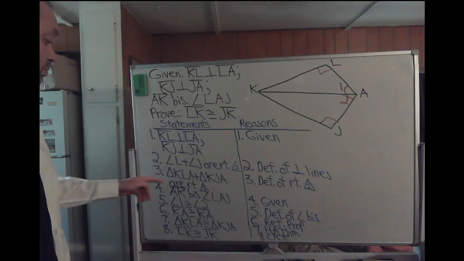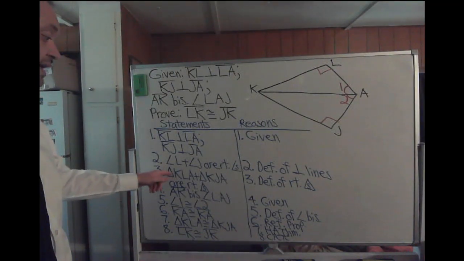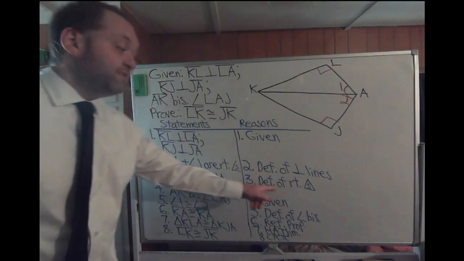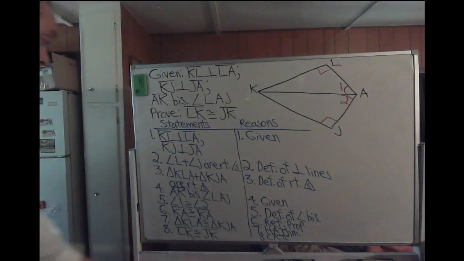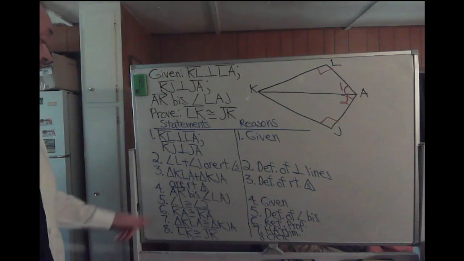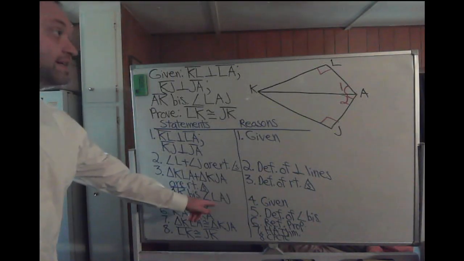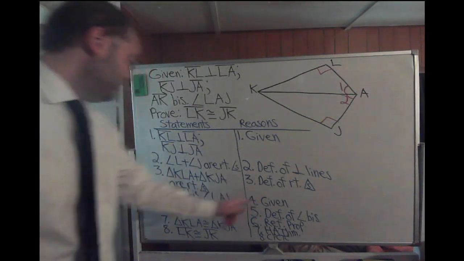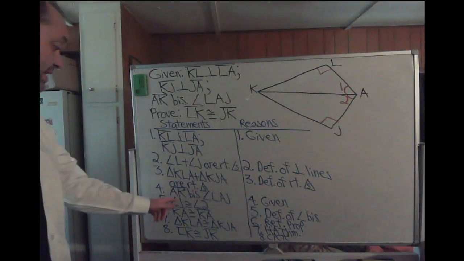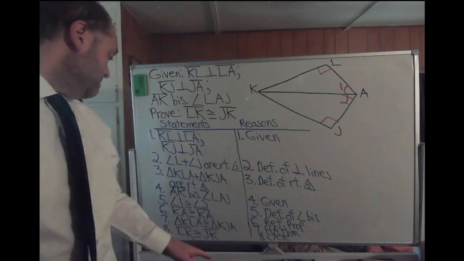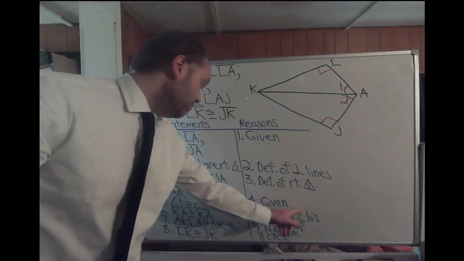And then we can conclude that triangles KLA and KJA are right triangles by the definition of right triangles. Next, we use the last piece of given information that ray AK bisects angle LAJ, that was given, which would lead us to angle 1 is congruent to angle 2 by the definition of angle bisector.